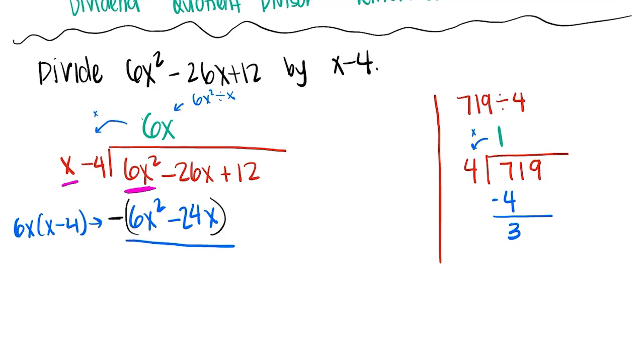So 6x squared minus 6x squared, the way that we created this, should always be gone. When we do the negative 6 minus negative 24, which turns into a plus, we get negative 2x.